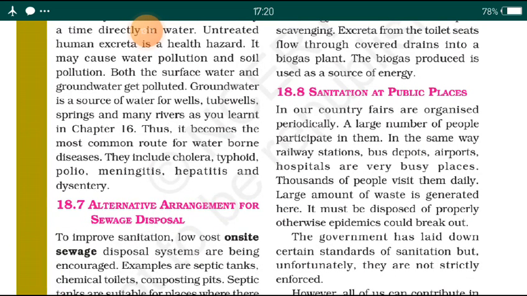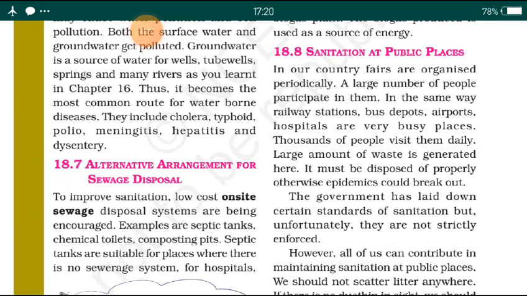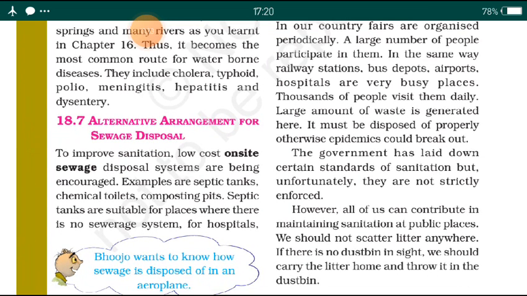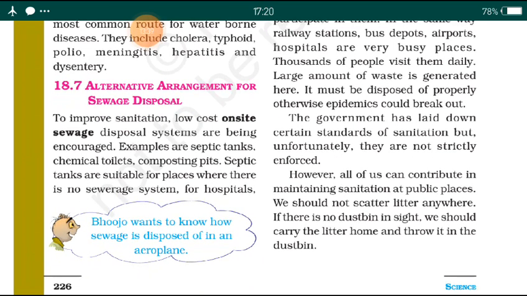Here 18.8 Sanitation at public places. In our country, fairs are organized periodically. A large number of people participate in them. In the same way, railway stations, bus depots, airports, hospitals are very busy places.